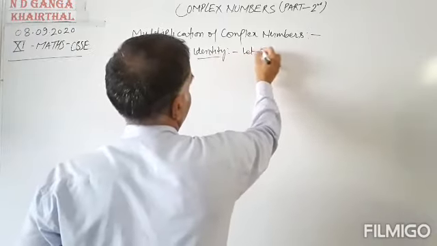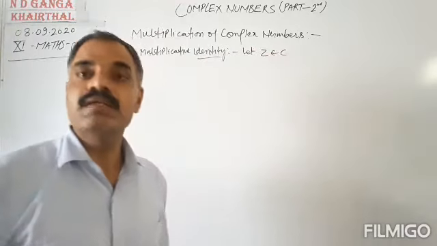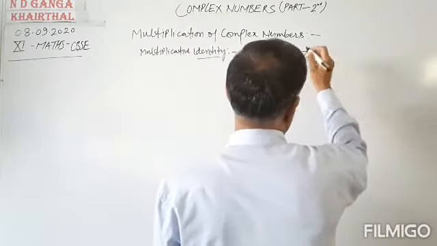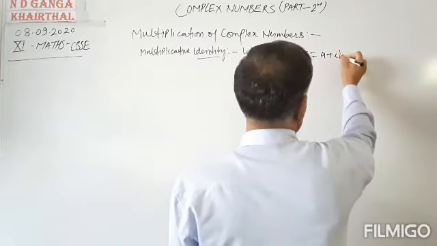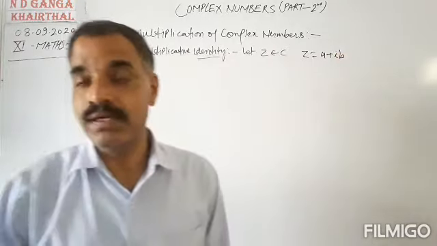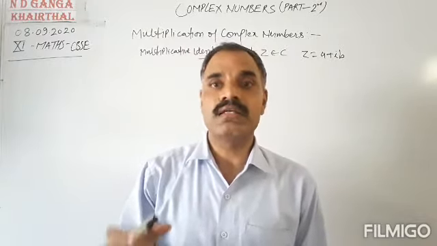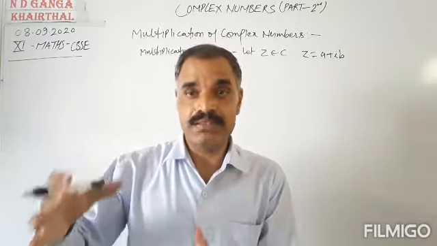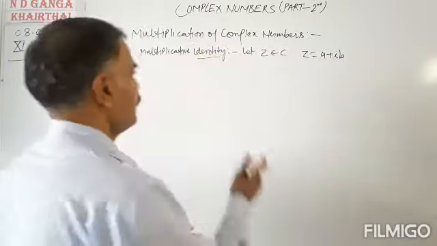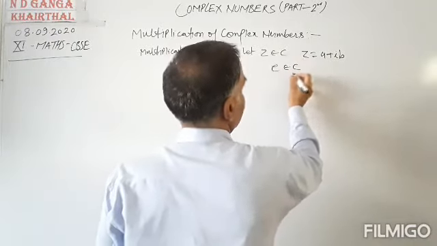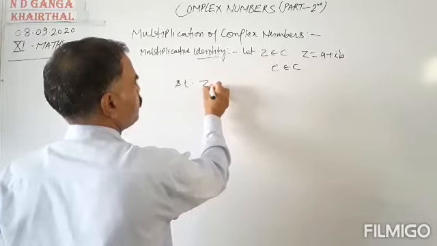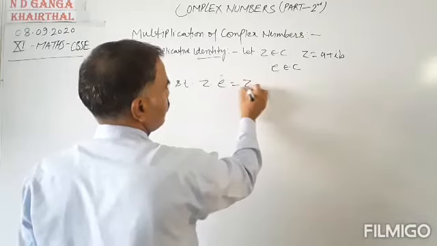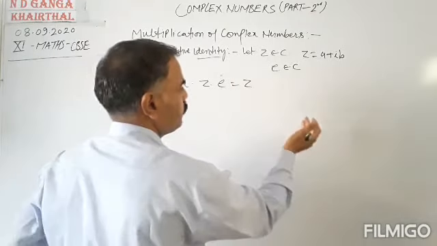Let Z belong to C. Z belongs to C means Z is any complex number, and it can be put in the form A plus iota B. Z equals A plus iota B. Now we want to find its identity. Multiplicative identity means there is an identity E that belongs to C such that Z into E is equal to Z. Okay, Z into E is equal to Z.